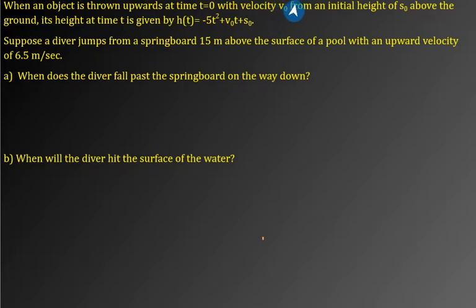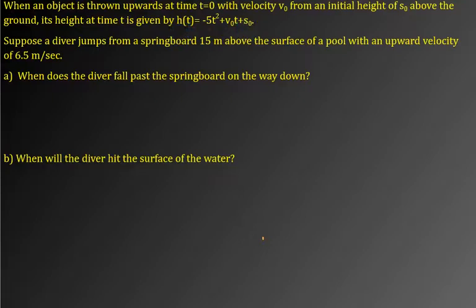It's standard notation, and it's basically a way to say initial velocity. The 0 there is a subscript as part of the variable, so v sub 0 is different than v sub 1. And from an initial height of s sub 0 above the ground, its height at time t is given by this thing.